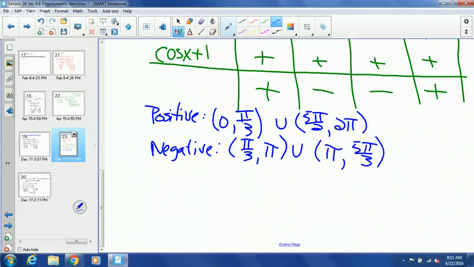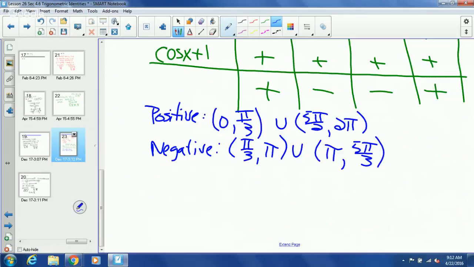You're right, I could write it either way, but that would basically say that pi is included. So why is pi not included? You get a 0. Because at pi, your cosine is -1, and -1 plus 1 is 0.